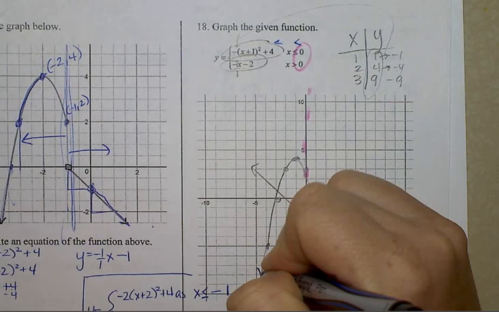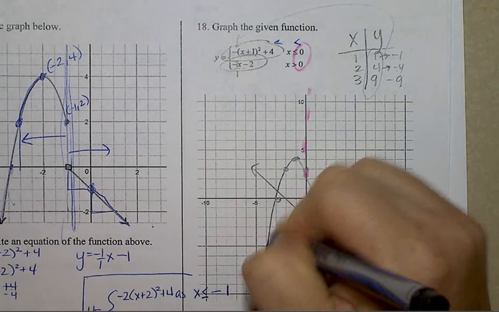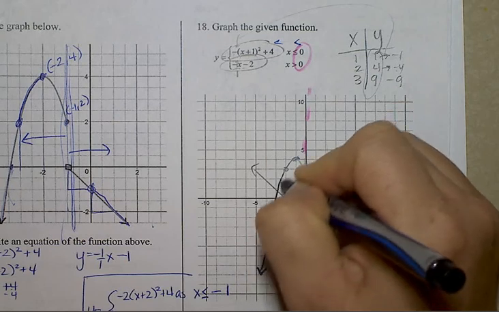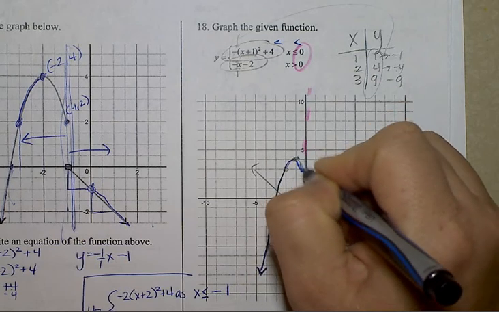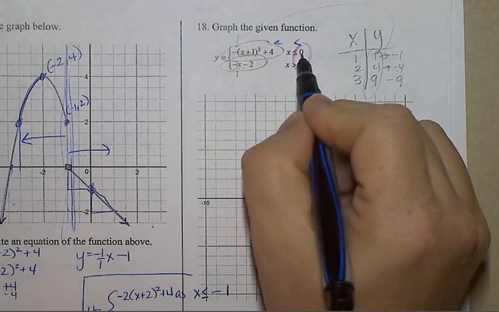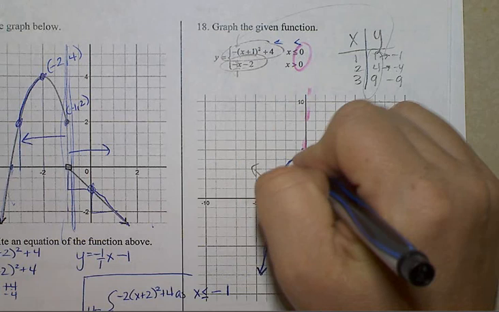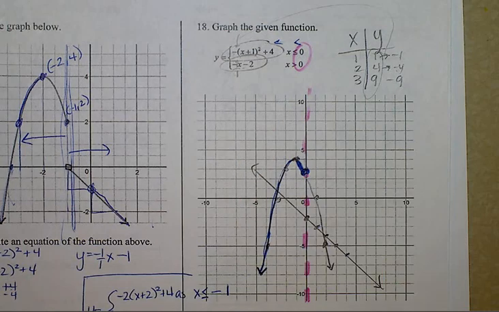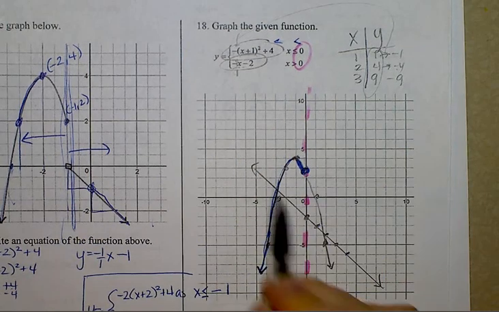So I'm going to take it, you could take a highlighter if it helps you, or different color utensil, or you could erase what you had. The parabola only occurs to the left, and since there's a line underneath, it means on the boundary line I also include that point. So forget about this portion.